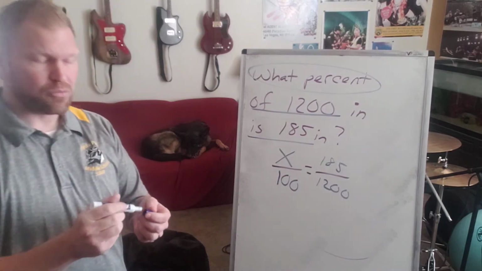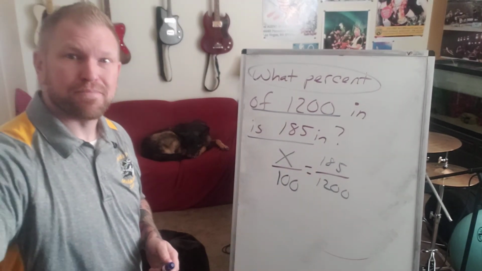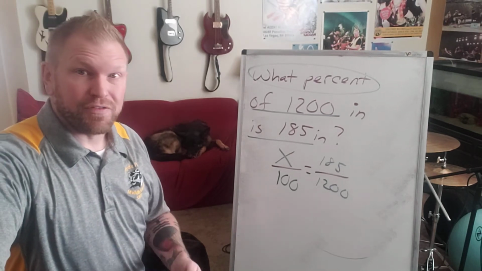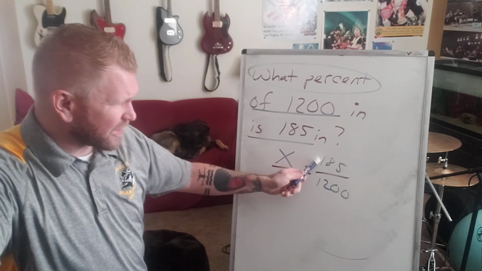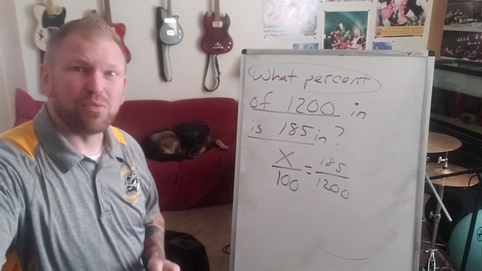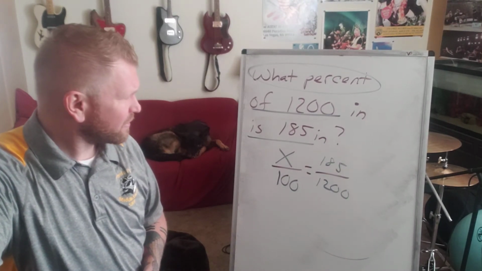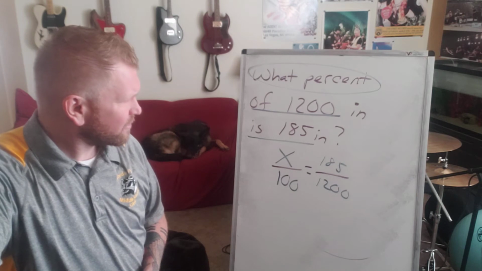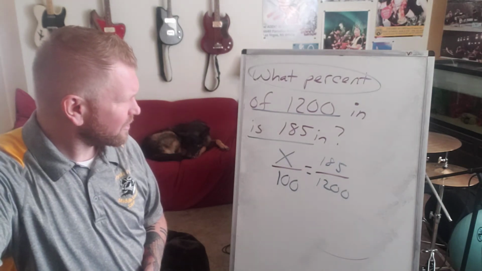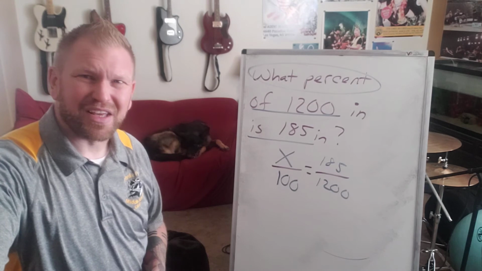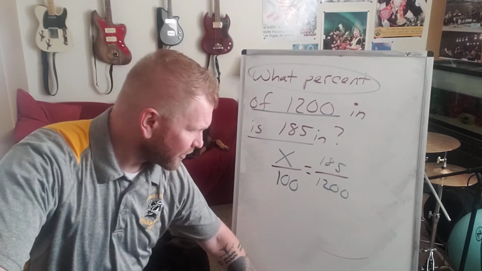Do you think it's going to be more than 50% or less than 50%? So 50% is half. This number is actually way less than half of that. So it's going to be way less than 50%. So what percent would you guess it might be? I think it's going to be about like 12% or something like that. But let's figure it out.